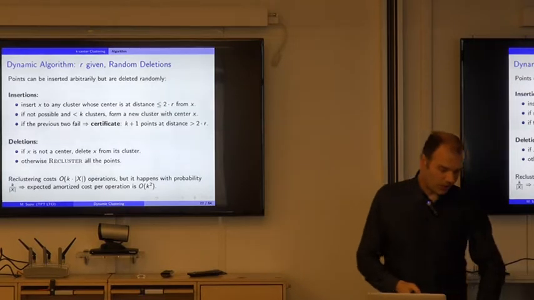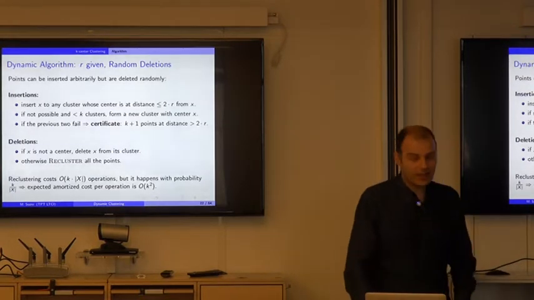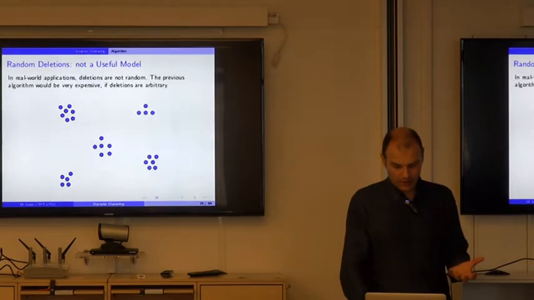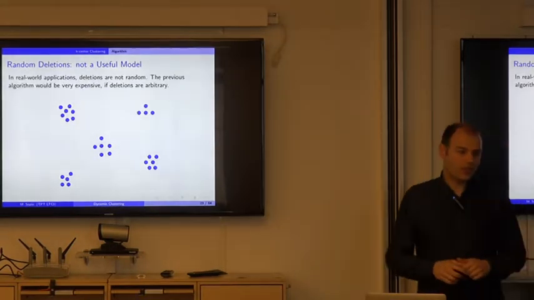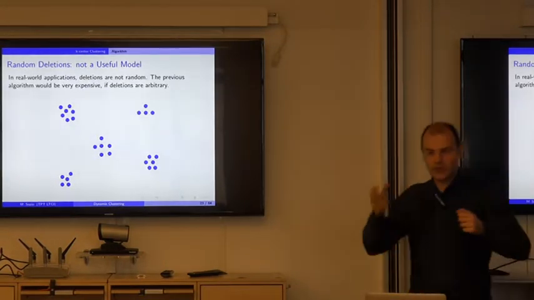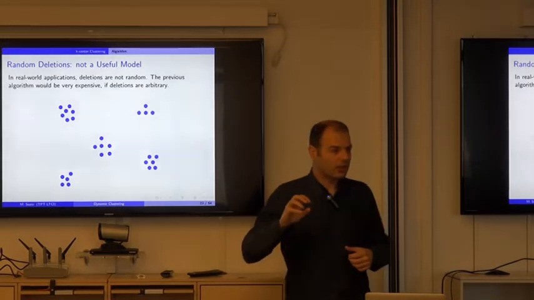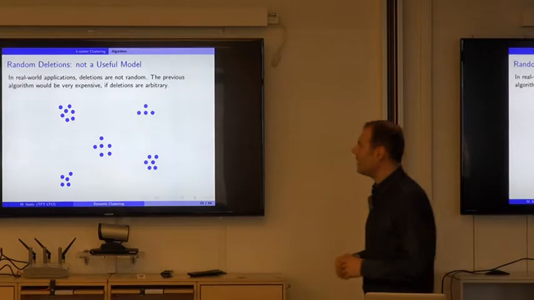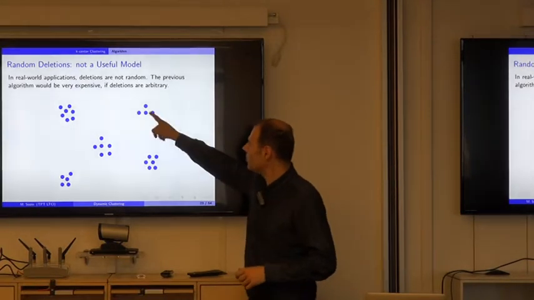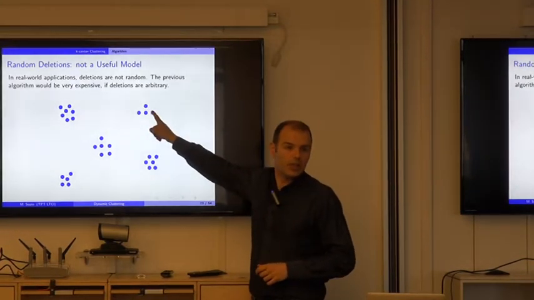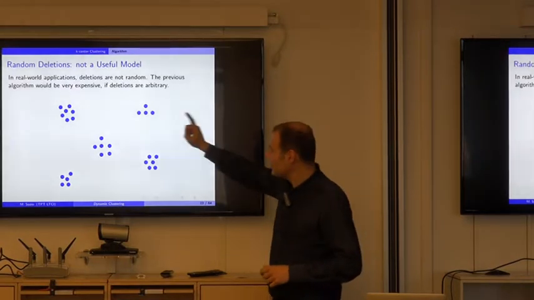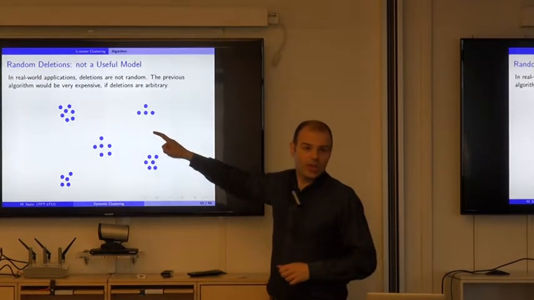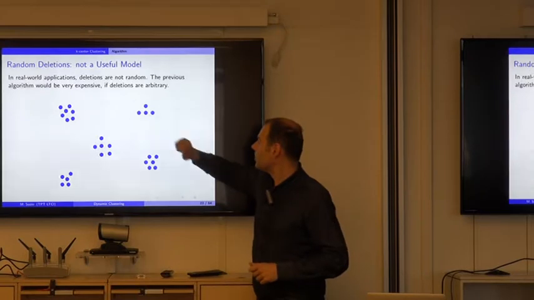So I'll try to argue why this is bad in practice and in theory. Suppose that our deletions are actually not random. Remember, we still have this little devil that is making our life really difficult. The devil could say, I don't know which center is here, for example, but I know that there should be a center here. So I can add and remove these points.